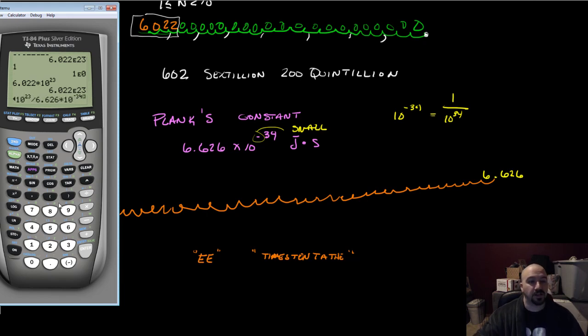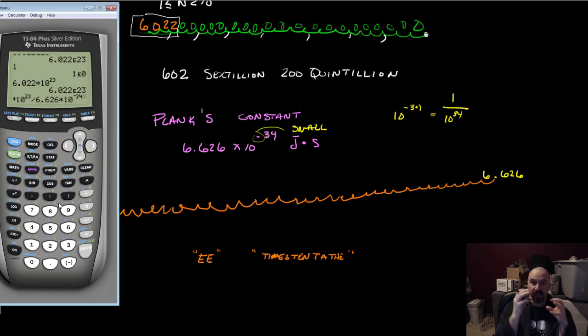All right, now let's go ahead and think about this for just a moment. I'm taking a very large number and dividing it by an extremely small number, one that's less than 1. If you take a number and you divide it by something less than 1, it's going to get bigger. I'm expecting a number that should be bigger than this.